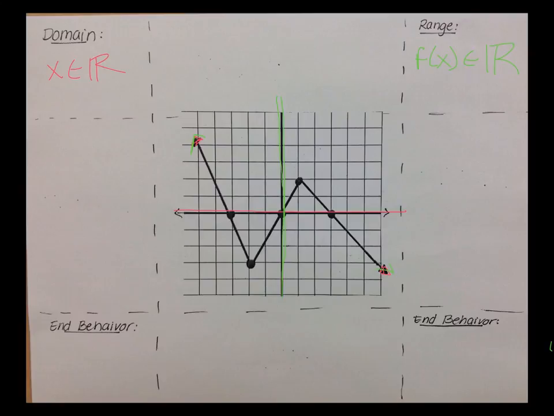The next word that we're going to fill in is positive. So positive is down here if you look at the outside of your foldable. And positive is basically saying we are looking for the intervals. Intervals just means range of values where f of x, where our output is going to be positive.